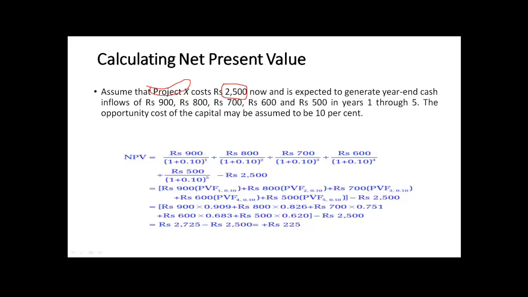So this is the initial investment for the one who has invested, and it is expected to generate year-end inflows of rupees 900, 800, 700, 600 and 500. So you can see these are the various cash inflows you're getting from this project for the coming 5 years. Okay. So how do we represent this in that formula?